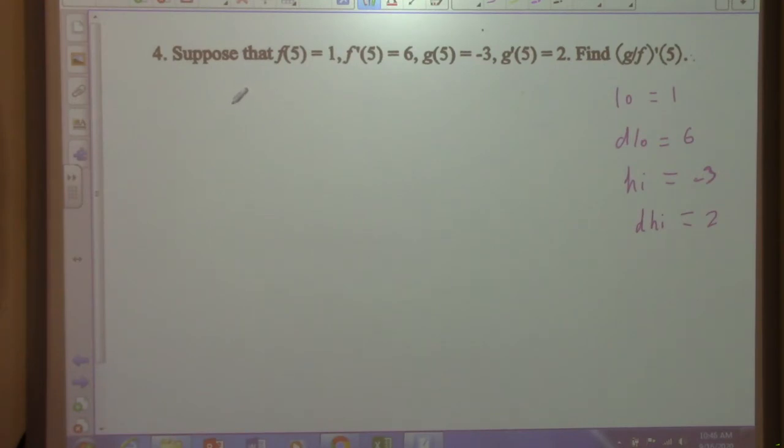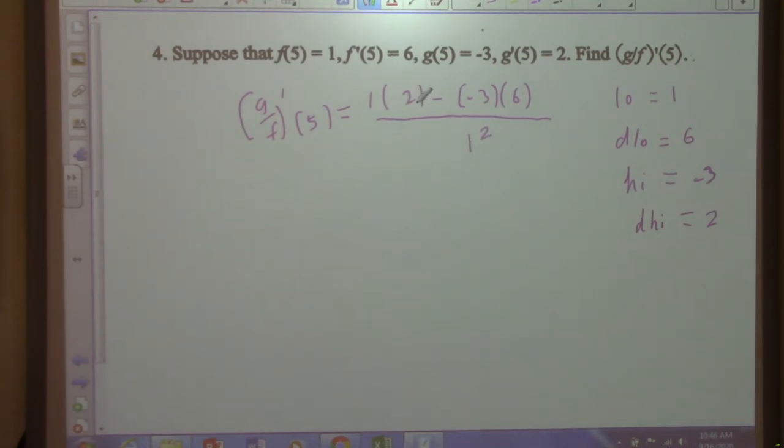Let's see. G, I'll call it GF prime of 5 is equal to low d high. And what is d high? 2 minus high d low, all over low squared.